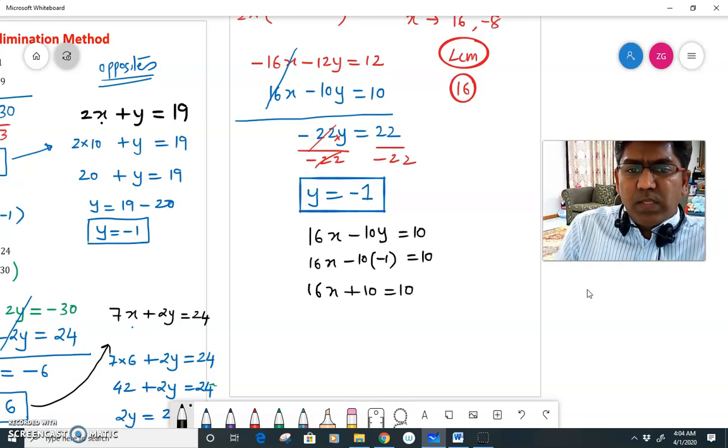You shift 10 to the other side. 16x equal to 10 minus 10. 16x equal to 0. Divide both sides by 16. You will get your final answer, x equals 0.